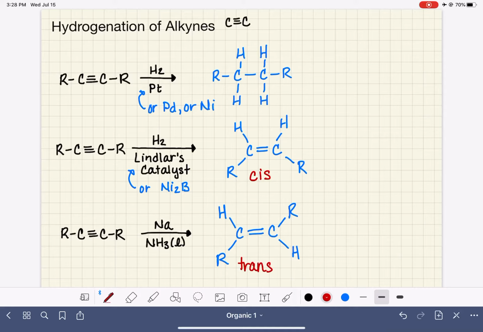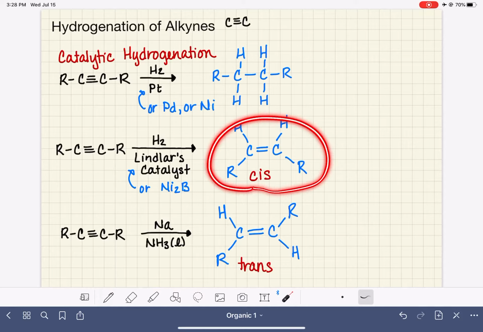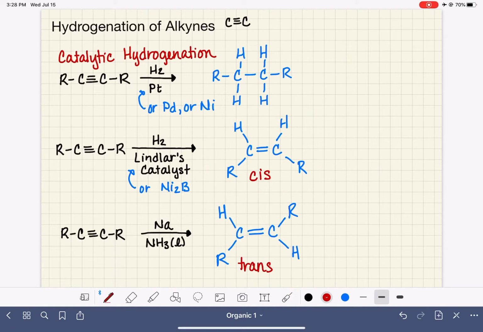So just for your notes, let's name all of these reactions. This is catalytic hydrogenation, just like with the alkene, same name. The hydrogenation reaction that gives us the cis alkene is called poisoned catalytic hydrogenation.